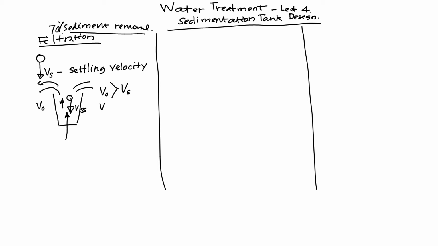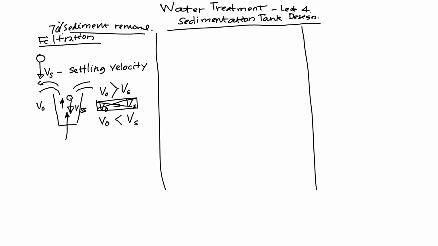If V0 is equal to Vs, then some particles may be removed, or if V0 is less than Vs, definitely most of the particles will be removed. At the moment don't worry about this one. If Vs is greater than V0, most of the particles will settle down before they come out of the tank.